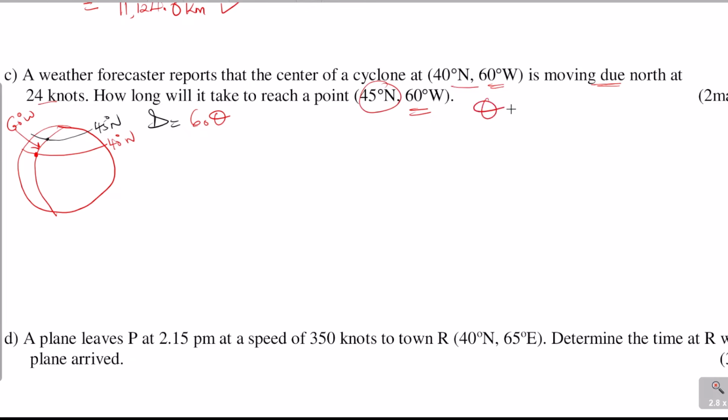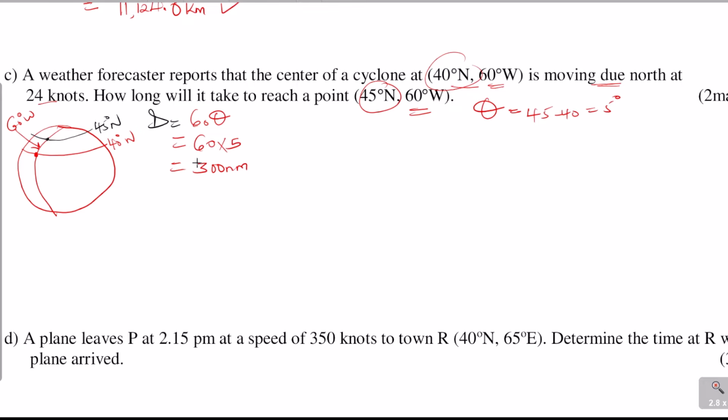Look at this, 45 degrees north, 40 degrees north. Both of them are to the north, so to get the difference, you simply take 45 subtract 40. So the latitude difference will be 5. Therefore the distance will be 60 times 5, which gives 300 nautical miles.